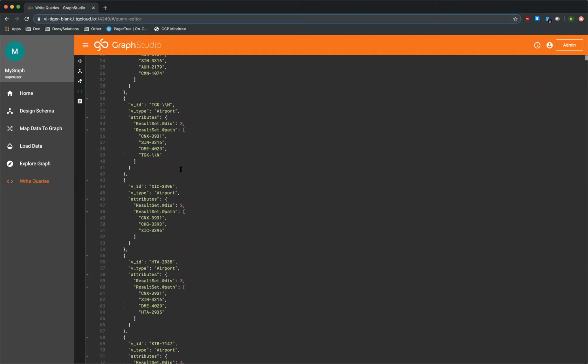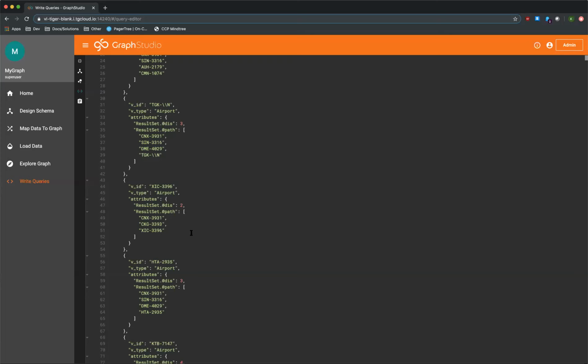Not necessarily a major airport, but if you wanted to go there, you go through CNX, then to CHG, then XIC. Now, the way the algorithm is written, it finds one path. So that connection is 2 hops. It's possible there are other 2 hop paths. There probably are. The algorithm is designed to only report one.